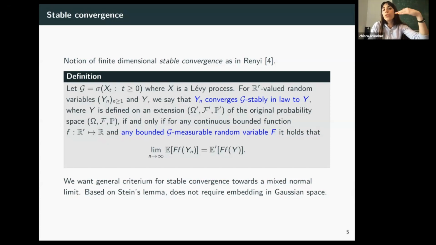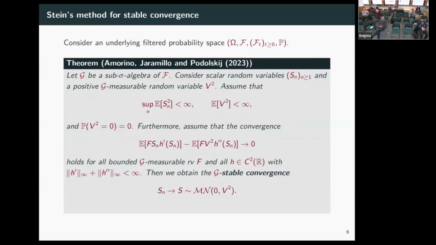This is just the definition, and then you move to what is our criterion, which is written over here. What are we doing here? Here we are saying that we have some random variable S_n. You see it's a very general framework. We do not have any dependency on the Gaussian world.